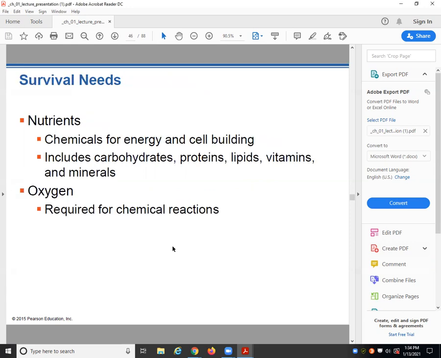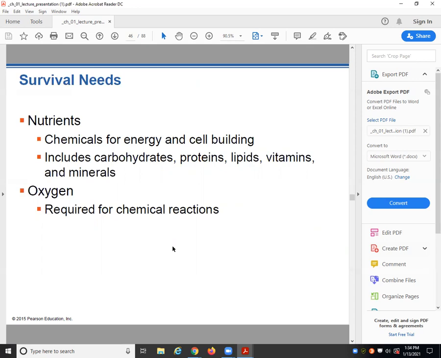Now, in terms of survival needs, so this is separate from functions. What we just covered were functions. Now we're on to survival needs. So in order to survive, an organism is going to need nutrients and oxygen. So nutrients are the chemicals used for energy and cell building.